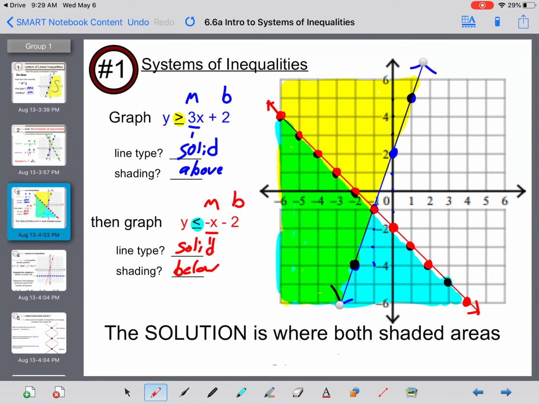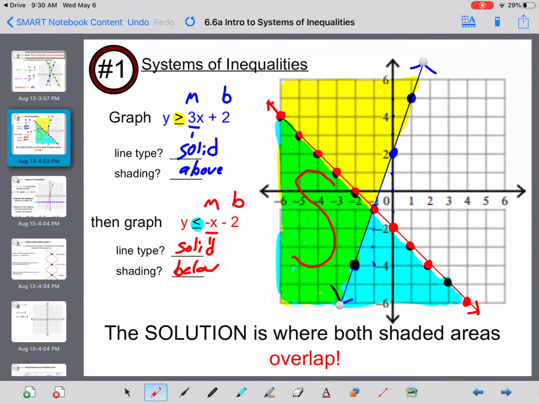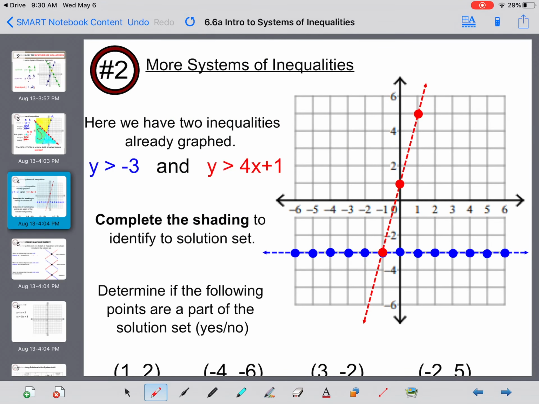We have yellow, we have blue, and now we have this green color where the two shaded areas overlap. The solution of a system of inequalities is where the shaded areas overlap. So put an S in this green area. Good.